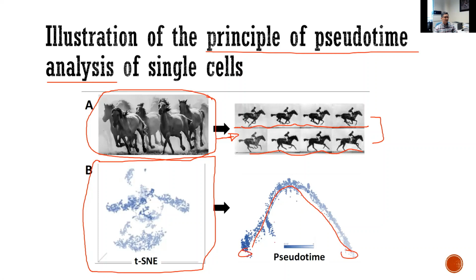There are a lot of cells in the middle of this transition, and then you reconstruct the development status to reflect a single-cell process. So that's the idea.